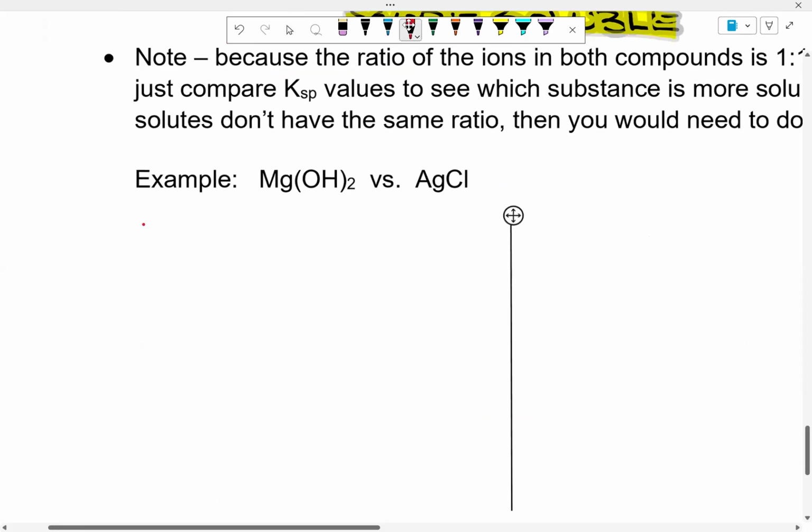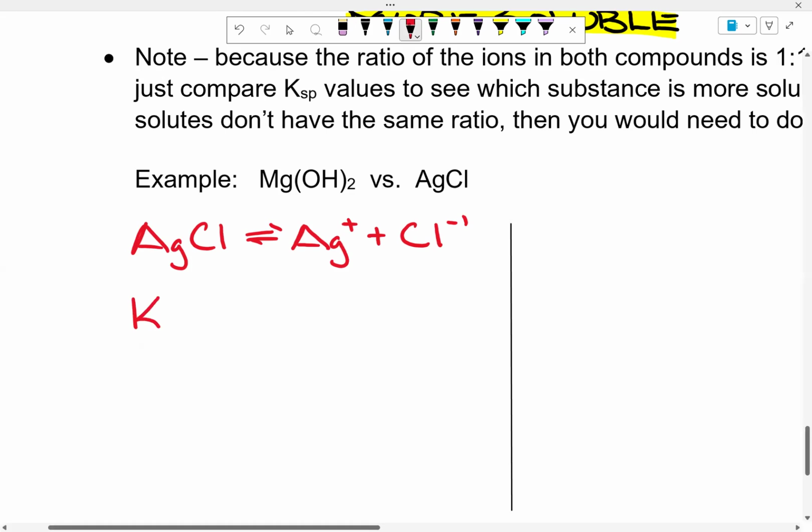Let me just do AgCl first. AgCl is in equilibrium with Ag+ and Cl-. I'm not going to do the ice tables, I'm not going to do what we did in the last lesson, but I'm just going to say KSP is equal to x squared.